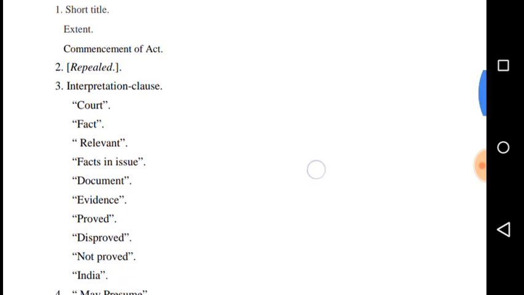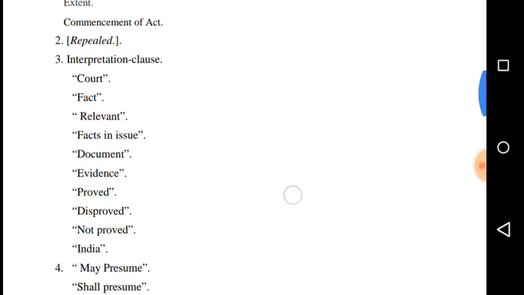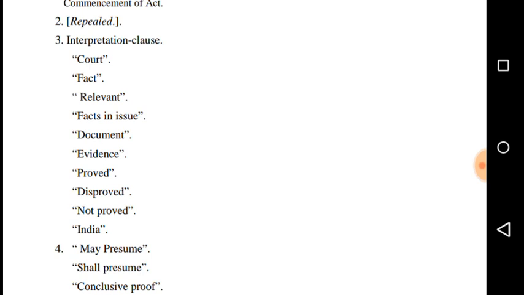So section 3 provides the definitions of this act, which include court, fact, relevant, fact in issue, document, evidence, proved, disproved, not proved, India. So how many definitions are there: 1, 2, 3, 4, 5, 6, 7, 8, 9, 10. 10 definitions. This is the interpretation clause.